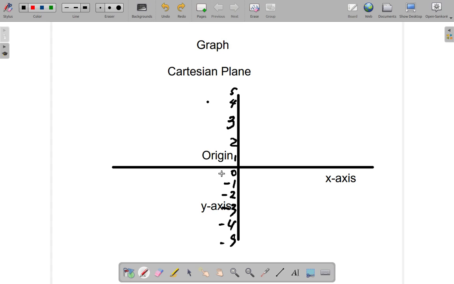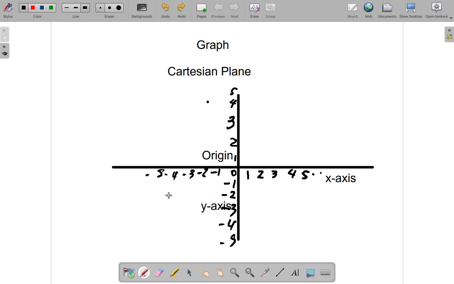Alright? So, on the x-axis, going to the right are positive values. +1, +2, +3, +4, +5, and on it goes. On the left, that means on the left of the y-axis, continuing on the x-axis, the numbers are -1, -2, -3, -4, -5, and so on.